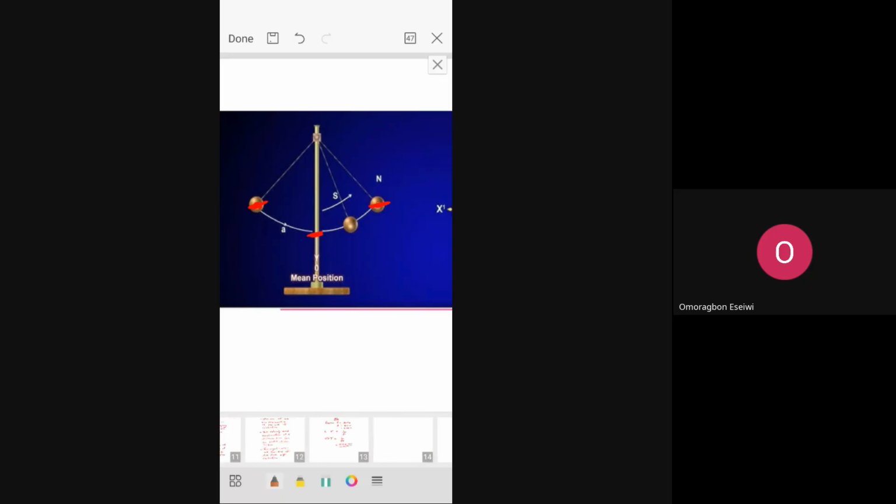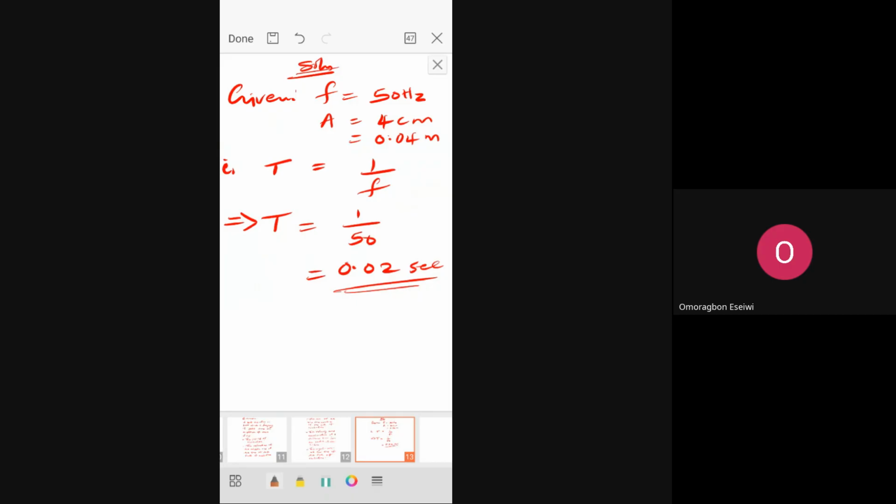So let's go back and remember the formula. Number 2, let's find the acceleration at the middle. Recall that our acceleration A is given by minus omega squared x.